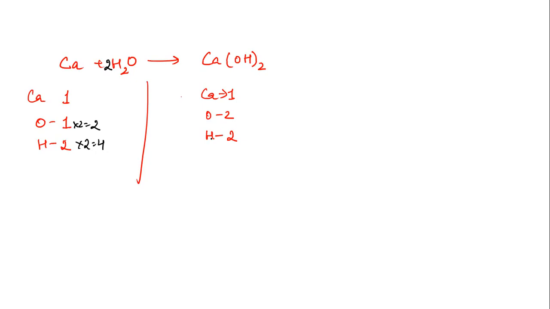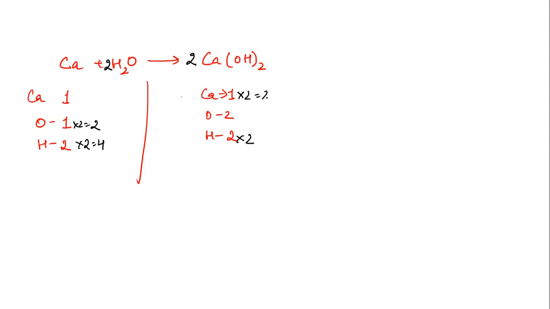Now, in this case here we have hydrogen 2, oxygen 2. Now, hydrogen is 4. It means we have to multiply 2 there. So 2 there means I have to write 2 this side. If I write 2 there, so what will happen?